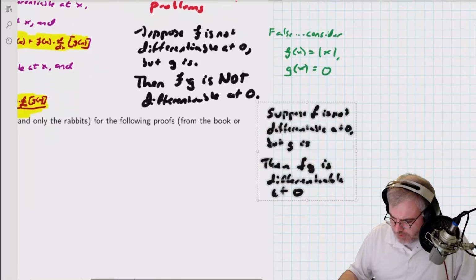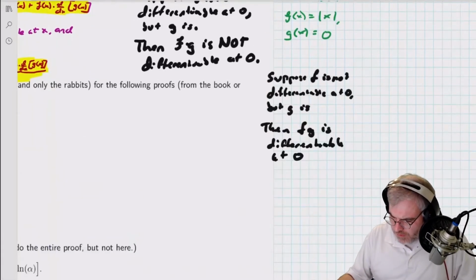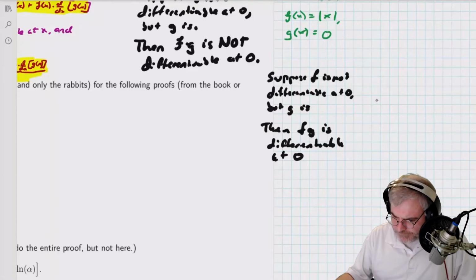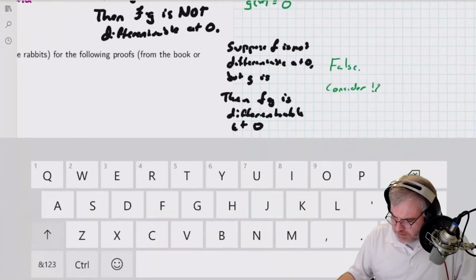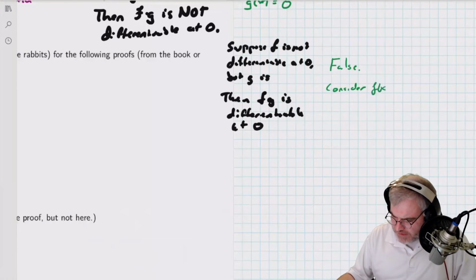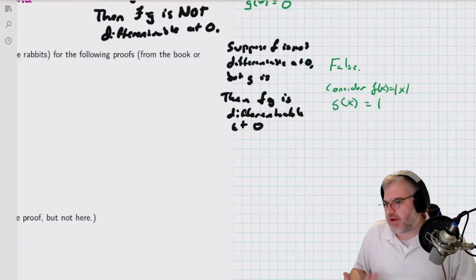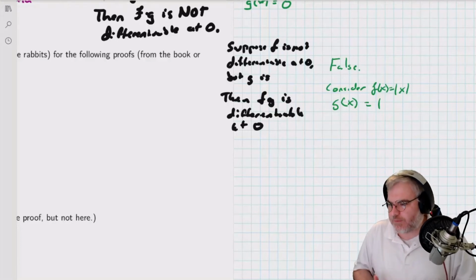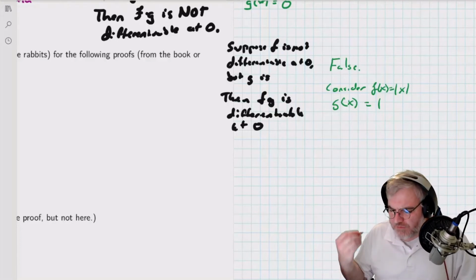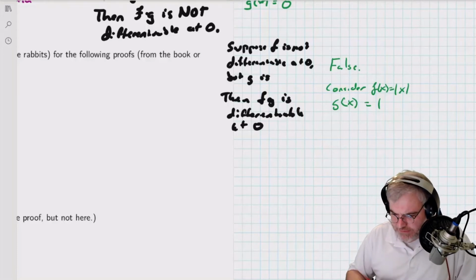Consider f of x equals the absolute value of x, and g of x equals 1. Well, I multiply 1 times the absolute value of x, I get the absolute value of x, which is not differentiable at 0. So the point is that if you don't meet the conditions, the theorems are silent.